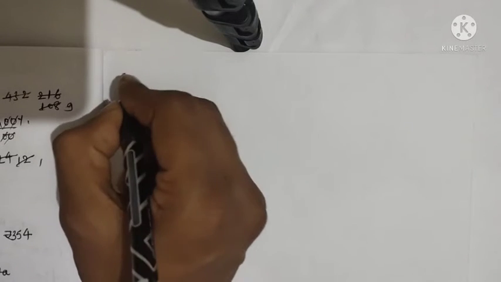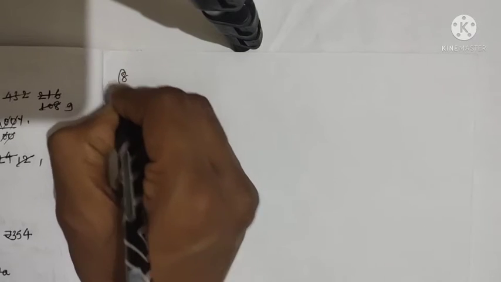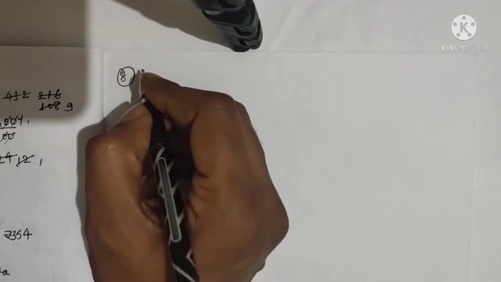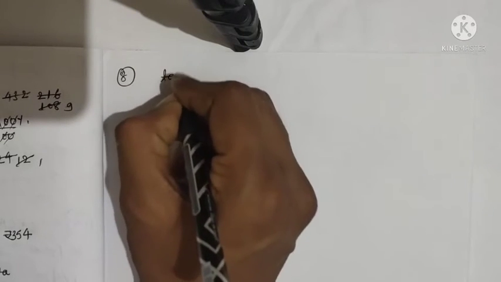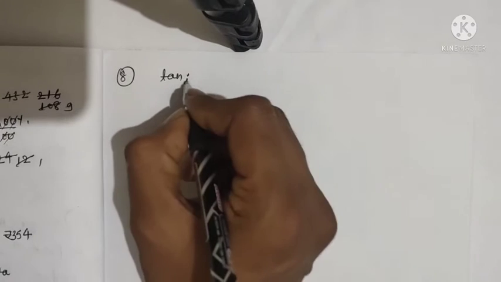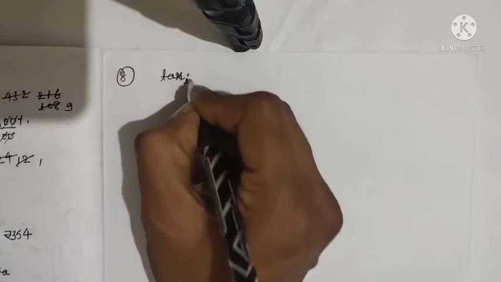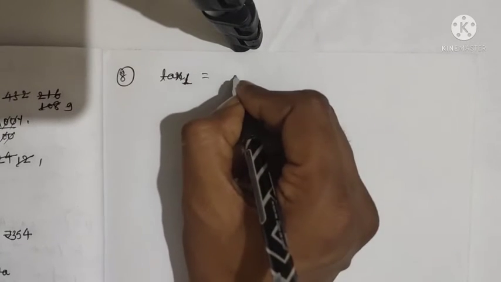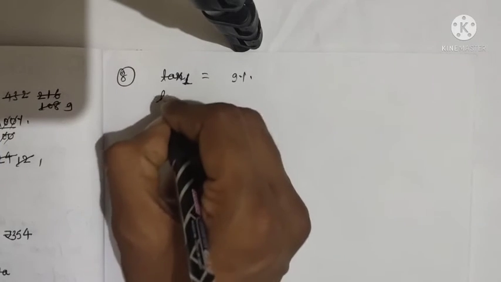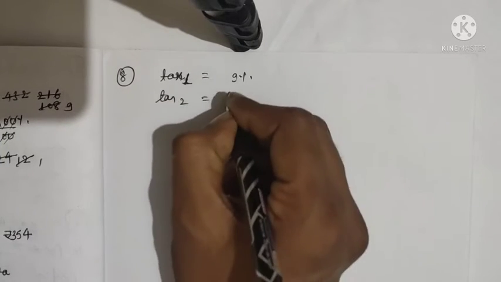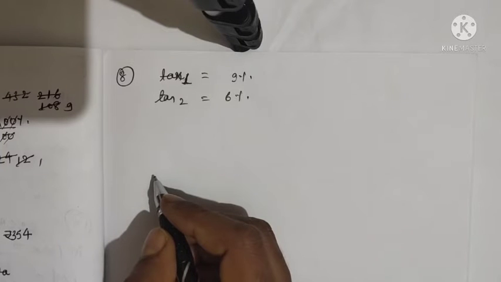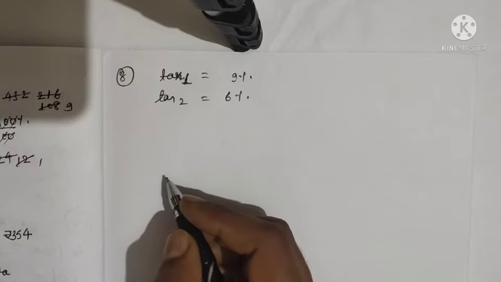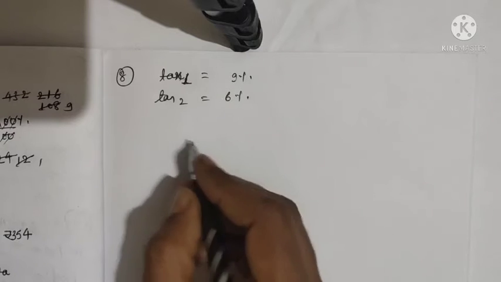Now question number 8, this will be our last question of exercise 18, and it is: when a rate of tax is decreased from 9% to 6%. So let us consider tax 1 is equal to 9% and tax 2 is equal to 6%. Then the cost of the color TV will decrease, and when Mrs. Geeta buys the TV, she saves rupees 780.